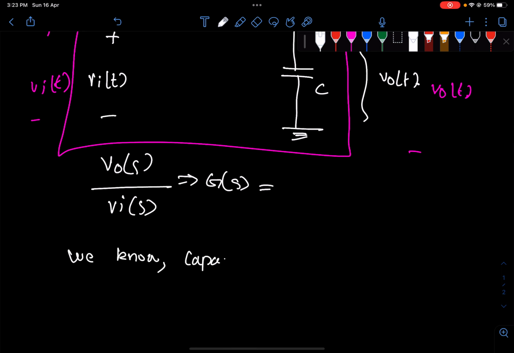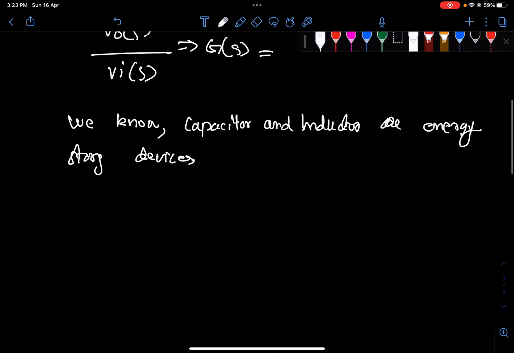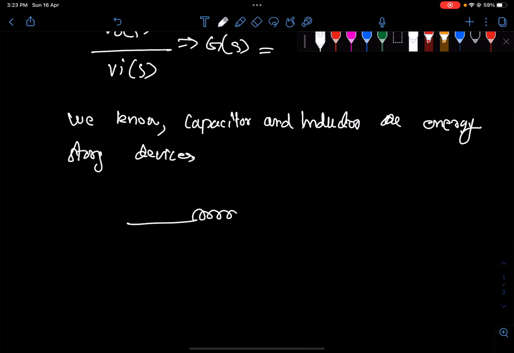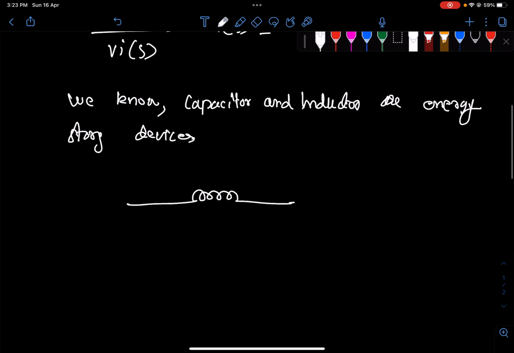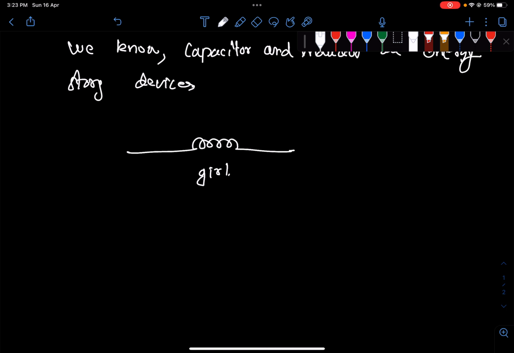But we know this capacitor and inductor are energy storing devices. For ease, I can represent this inductor as a character, similar to the character of a girl; I am just trying to correlate.